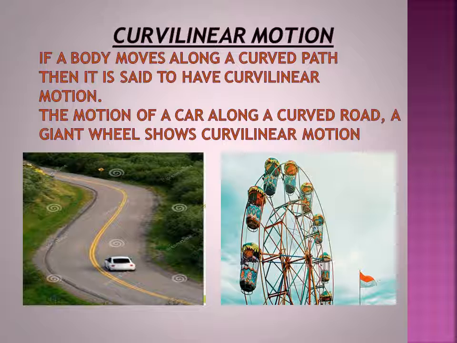We can have a good example in hill areas. Then we have a giant wheel, which you can see in a fair or a mela. It is also in curved motion.